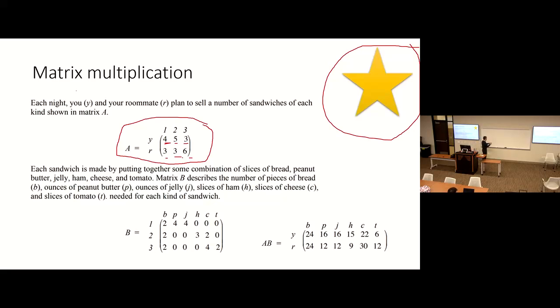Okay, so the first row of this A matrix has the numbers 4, 5, 3.